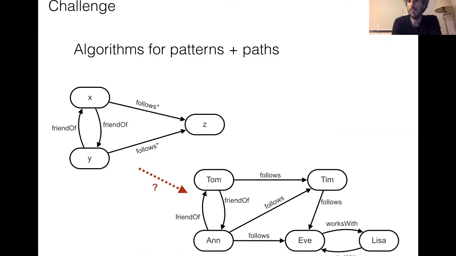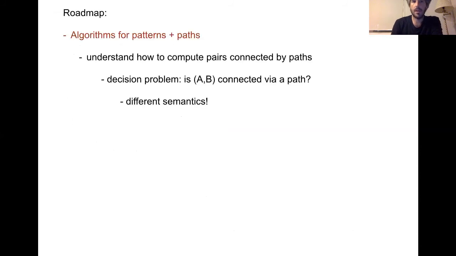They suffer when you start doing patterns, especially complex patterns, and you start putting paths everywhere. This is not an easy query to process. And well, what is the roadmap for doing this? I think that the reason that this is not very well implemented yet is because there are several things that we don't really understand so far.